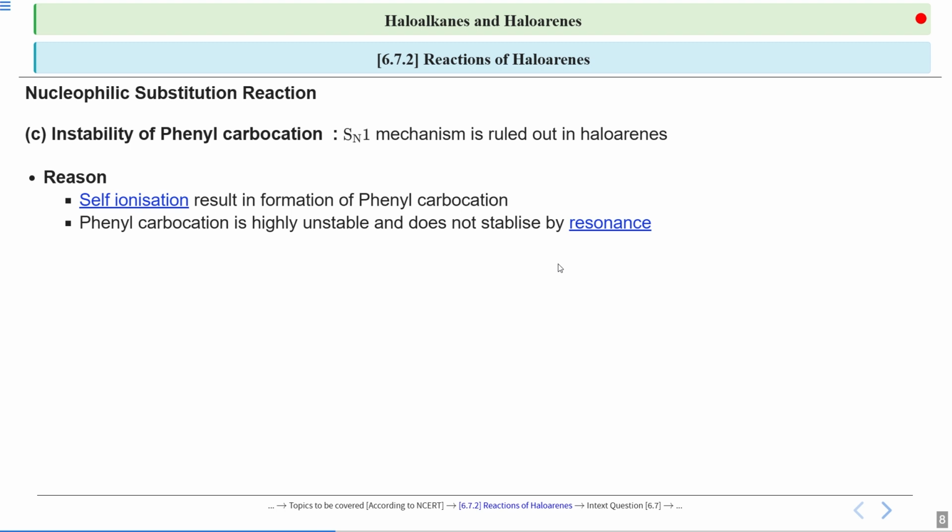Okay, why is it so? Basically, in the phenyl cation, the delocalization of the positive charge which is present on the carbon disrupts the aromaticity of the ring, making it energetically unfavorable. This is energetically unfavorable and does not stabilize by resonance. So your phenyl carbocation that you get after the removal of halogen is highly unstable.